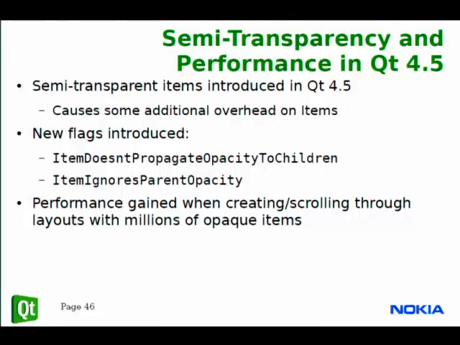If your items are opaque and you're not using any transparency, then you can disable it by using ItemDoesntPropagateOpacityToChildren and ItemIgnoresParentOpacity. These are new flags that give you performance if you're creating and scrolling through layouts with millions of opaque items.